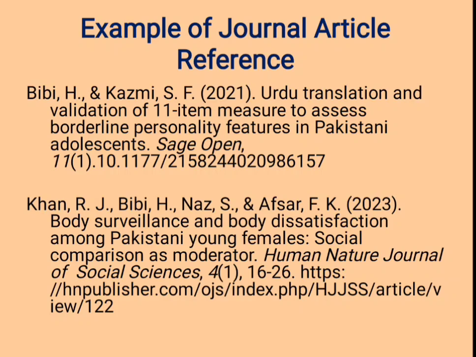After writing the title of the work, we have to mention the title of the journal, and we must follow title case while writing this journal name. Title case means that the first letter of each word will be capital, just like this S and O. After writing the title of the journal, we have to mention the volume number and the issue number within parentheses.